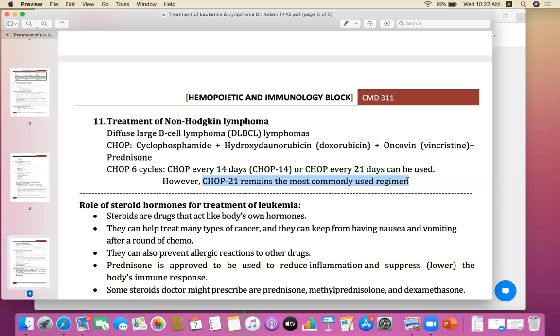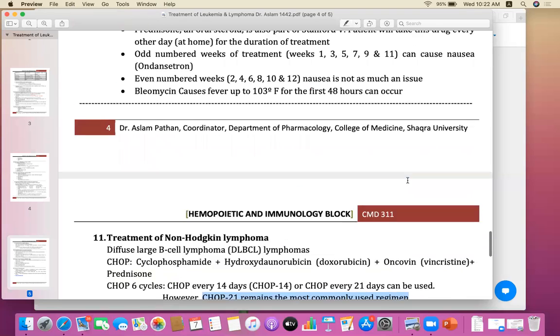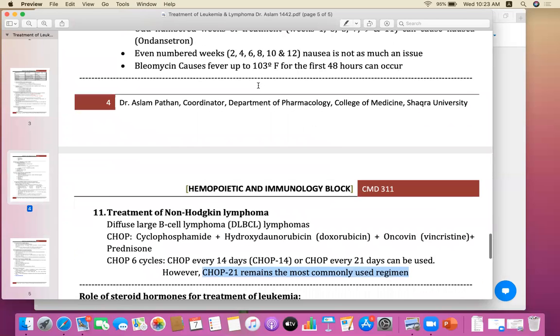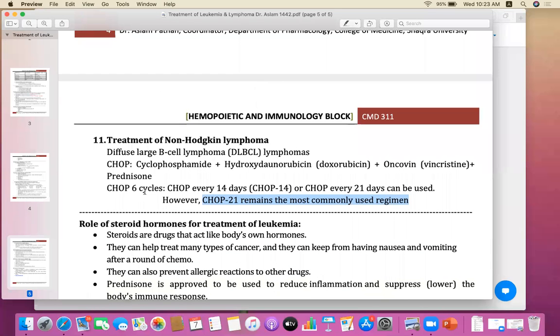And for Hodgkin lymphoma, we have to give ABVD every 28 days. So this is the treatment for Hodgkin and non-Hodgkin lymphoma. For Hodgkin, just remember ABVD, 6 cycles every 28 days, and for non-Hodgkin, CHOP every 21 days.